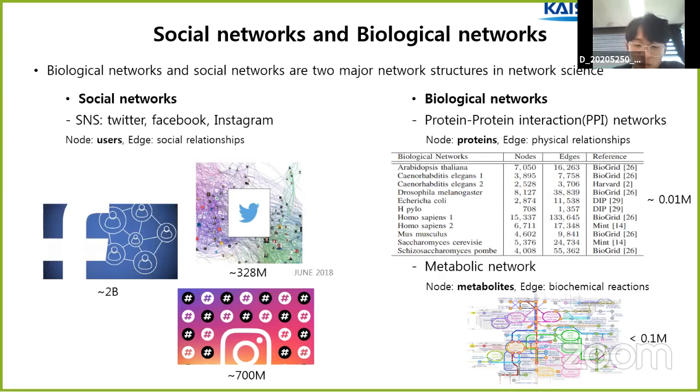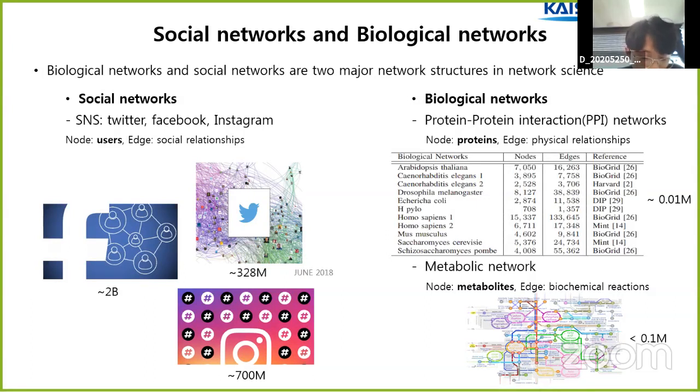So social and biological networks are two major structures in network science. So in this presentation, I'm going to compare biological networks with social networks. And one example of the social network is SNS. Twitter, Facebook, Instagram are the famous SNS platforms that we usually use.